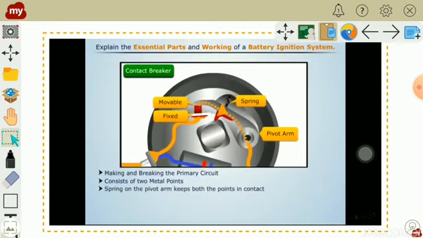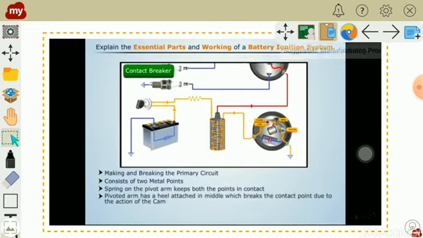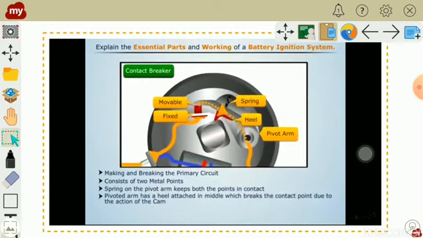Now we can see that on closing, the primary circuit starts from the battery towards the primary winding. The pivoted arm has a heel attached, which is operated by a cam, which makes and breaks the contacts. Okay, we can see this.